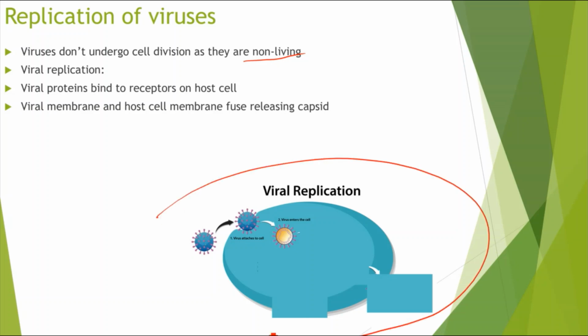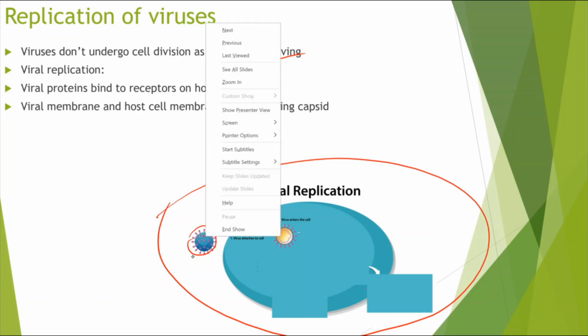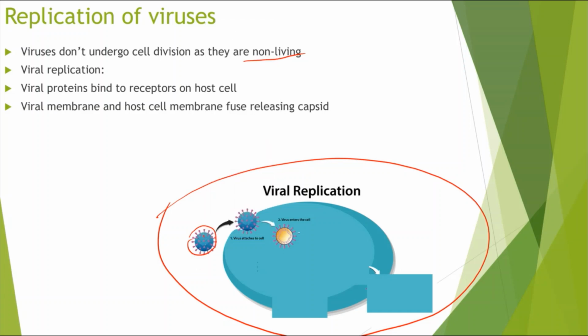Looking at this diagram, we have this virus, and these little purple dots on it are representative of the viral proteins. The viral proteins would bind to this cell. In this cell there are many receptors, and the viral protein would bind.